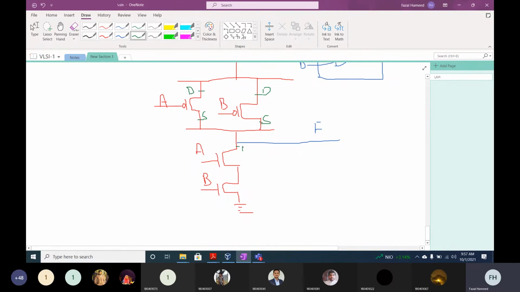This is drain and this is source. This is again drain and this is again source of all these transistors. Now how can we write a Verilog code for this? Okay. Module my NAND, because NAND is already there. Module my NAND, F, A, B, and end module.